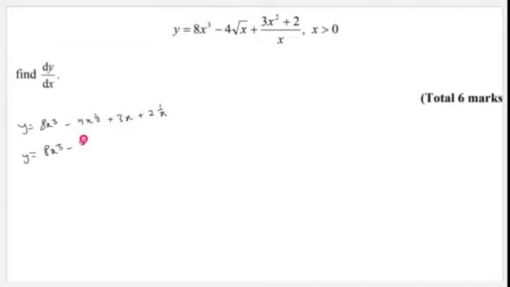So 8x cubed minus 4x to the half, yes, plus 3x plus 2x to the minus 1, yep. Looking good. 24x squared minus 2x to the minus a half plus 3 plus minus 2x to the minus 2. Looking good.